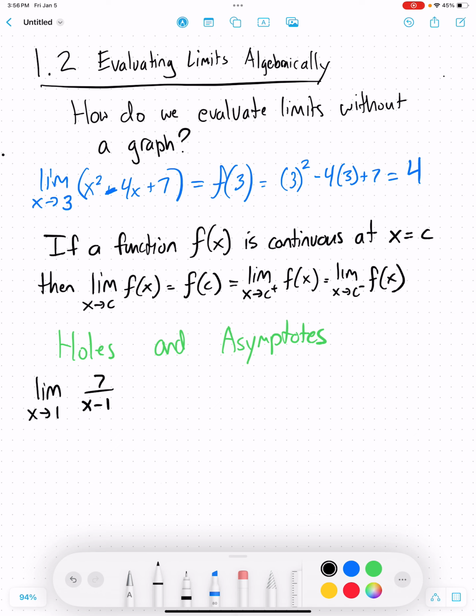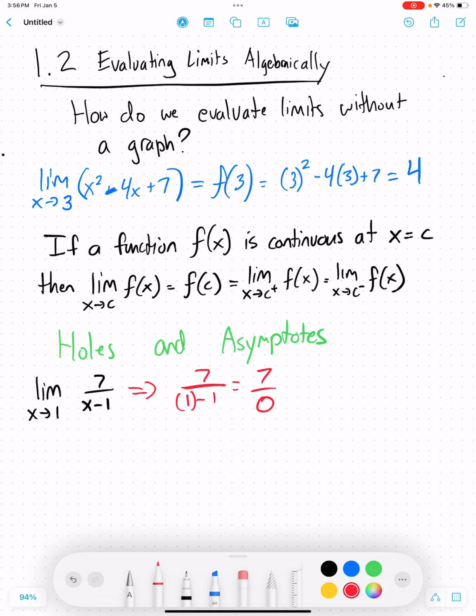What if I looked at this and I said, I don't know if that's continuous or not. Well, let's just assume that it's continuous. Let's start out by assuming it's continuous. If it's continuous, then my limit is just going to be whatever the function value is. So let's go ahead and plug in 1, see what we get. So I plug in 1, I get 7 over 1 minus 1, which is equal to 7 over 0.